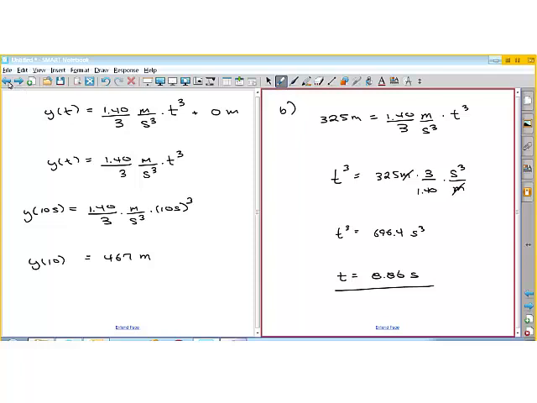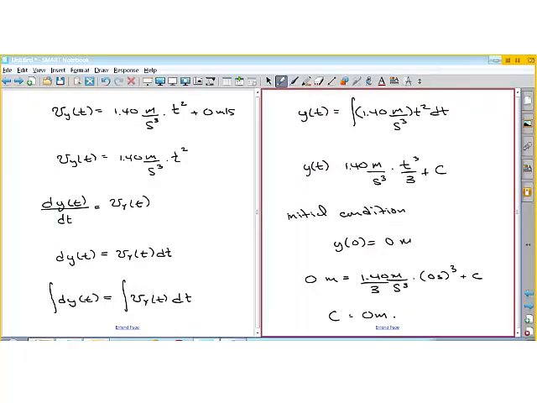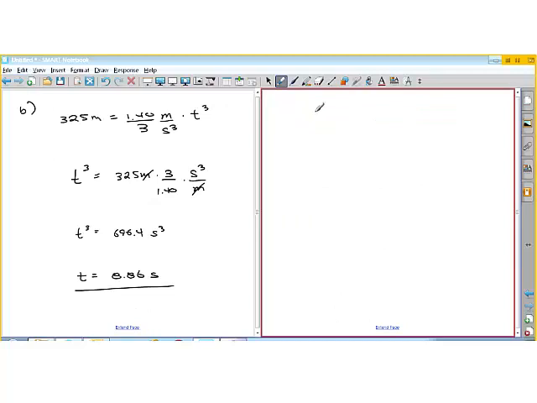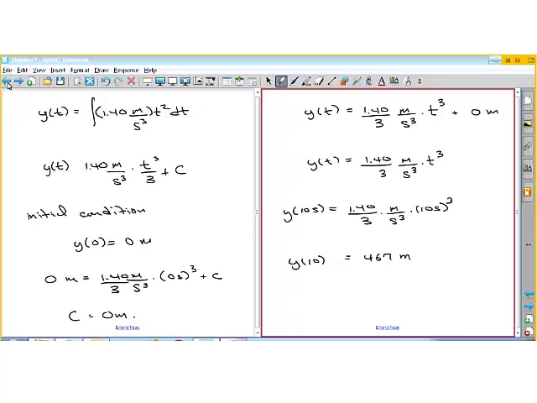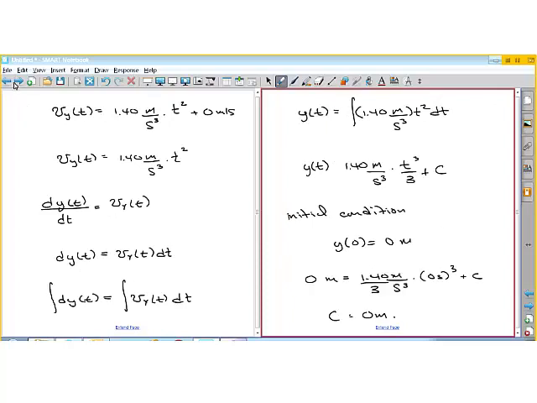Okay, so now that you have that time, all we have to do to find the speed is go back and use this expression right here, which says v sub y of t is equal to 1.4 meters per second cubed times t squared.